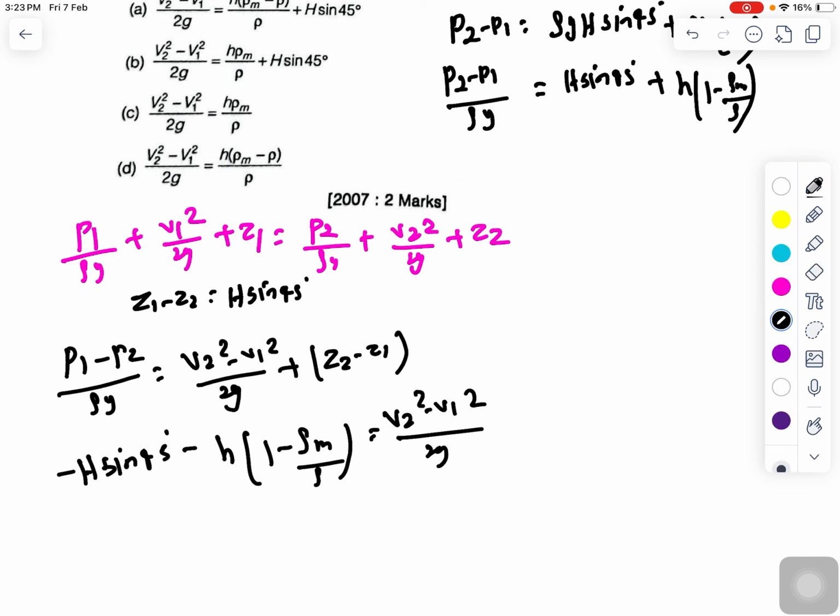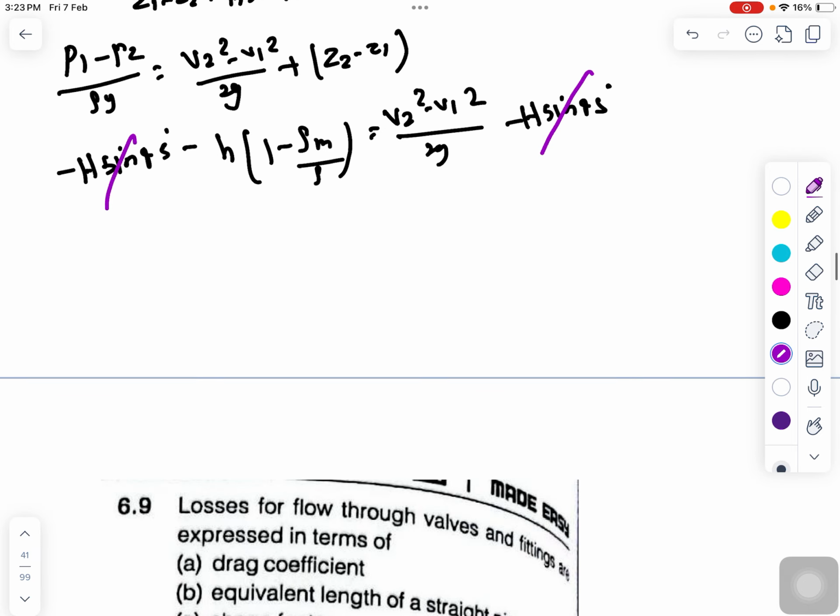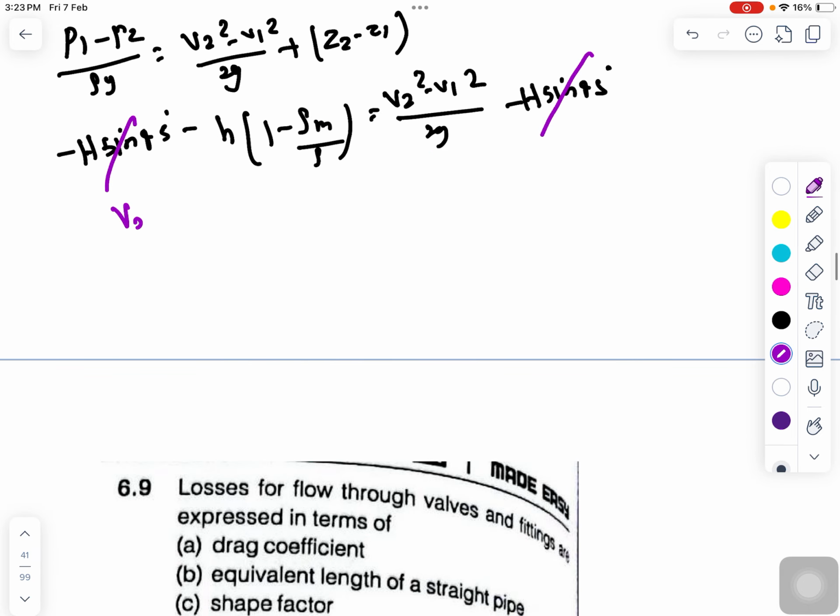So it will get cancelled out. So finally you will get V2 square minus V1 square divided by 2z is equal to h into rho m by rho minus 1. That's it. This will be your answer.